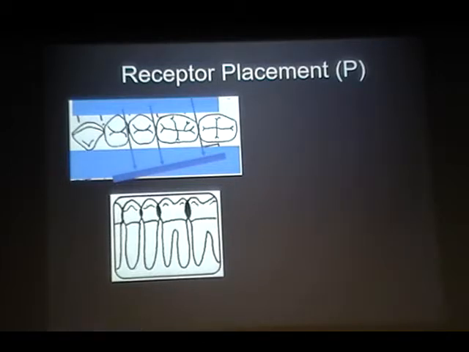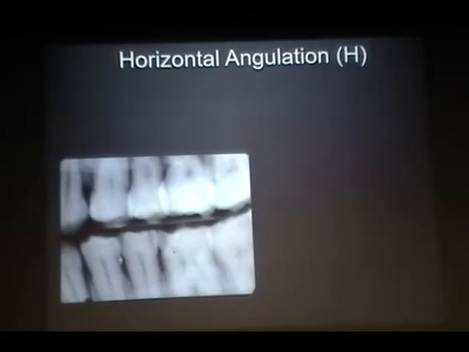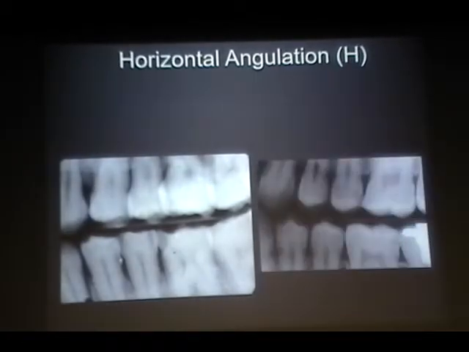So how do you rectify that? I think I have it. Make sure that the blue, this is how it should be, not like this one. Make sense? So again, that's one problem where you could end up getting closed contacts.